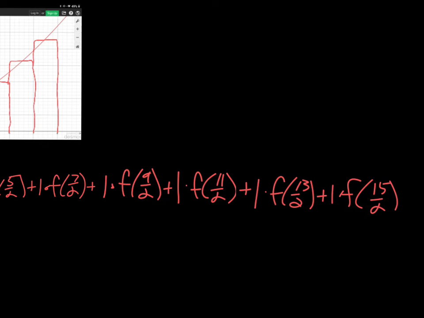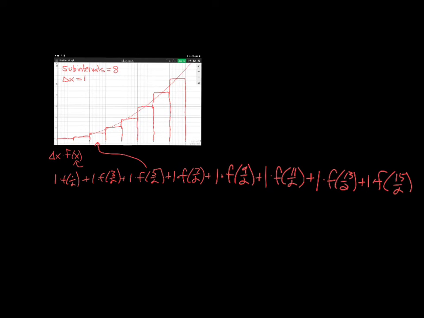So all we did, hopefully you can still see that okay: 1, 2, 3, 4, 5, 6, 7, 8 rectangles. All of them have a width of 1. That was our change in x. That had to do with our subinterval decision. And then we found the height. All these f of fractions here are the heights. Where did these fractions come from? Well, these were the midpoints of our subintervals: 0.5, 1.5, 2.5, 3.5, 4.5, 5.5, 6.5, 7.5.